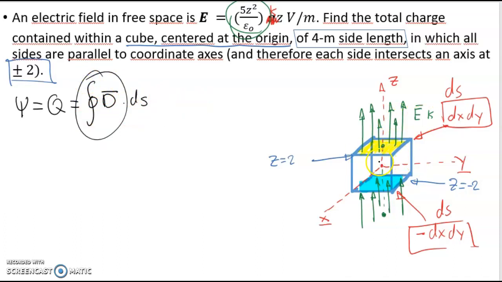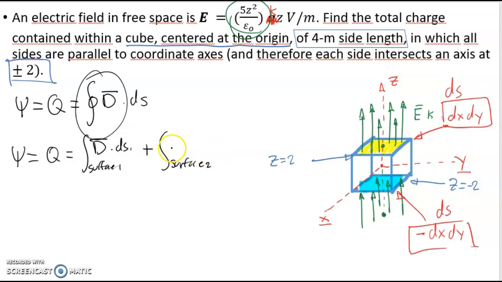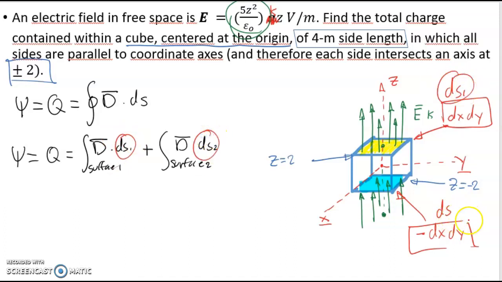In this case, we have two sides, so flux equals charge equals surface integration of surface 1, D dot dS1, plus integration of D dot dS2. Here, this dS will correspond to this one, and this dS will correspond to this one, right there.